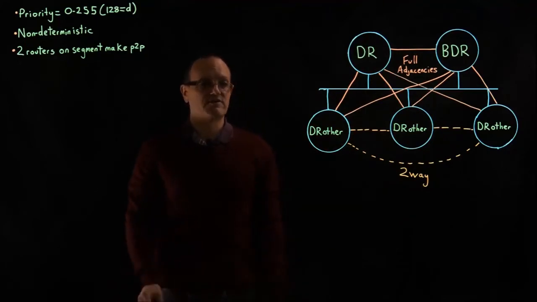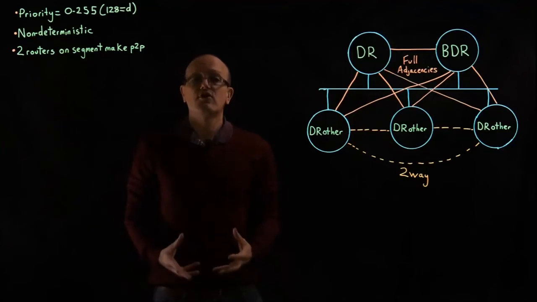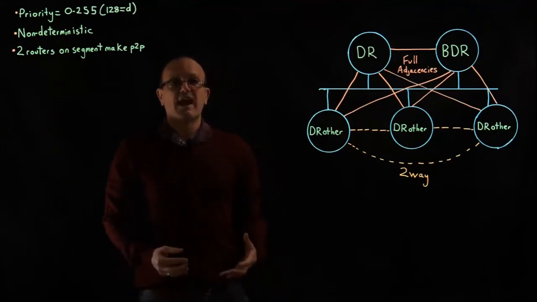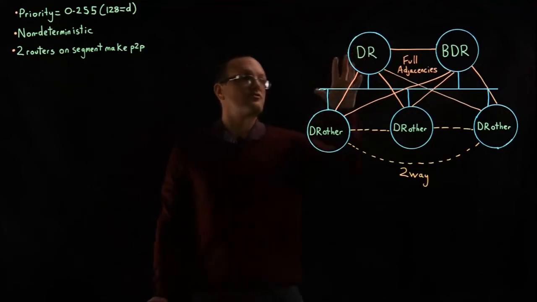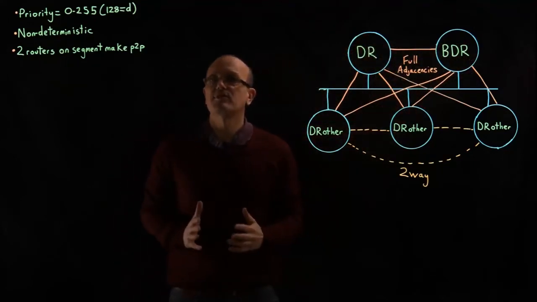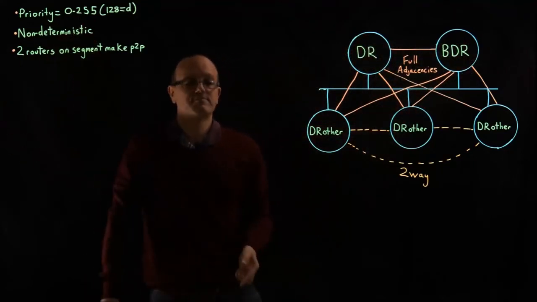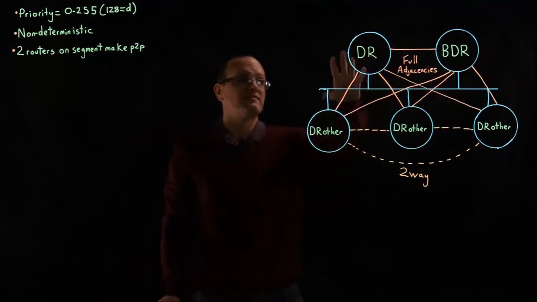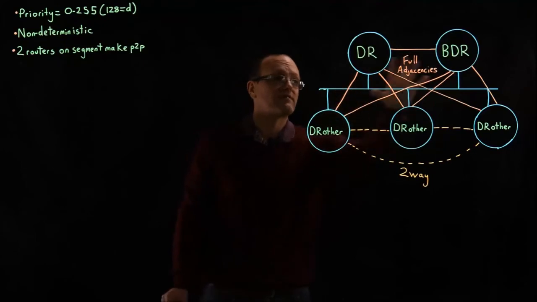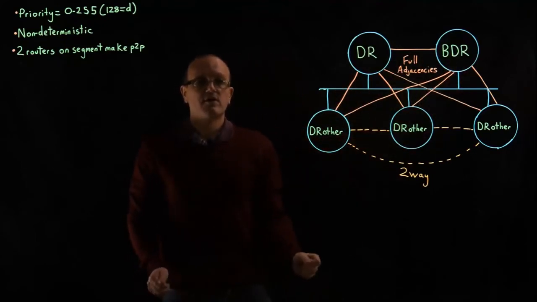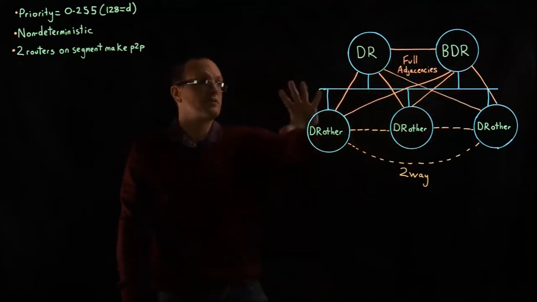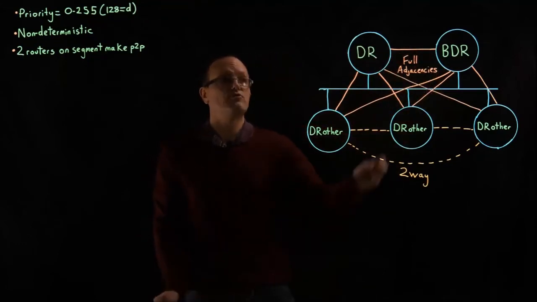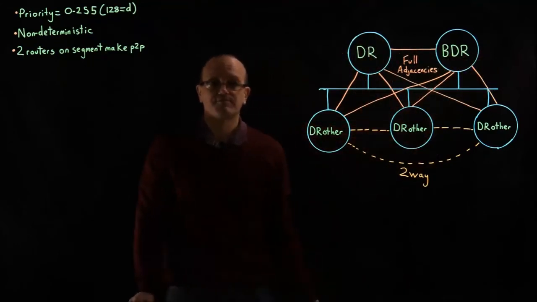This election process is said to be non-deterministic. This basically means that instead of the election to DR and BDR being absolutely determined by this priority, it's also a factor of the time that these devices came online on this LAN segment. So all of these devices, say, come online on this LAN segment, and they perform this election and choose the DR and the BDR.